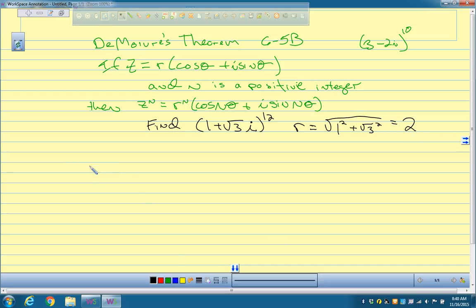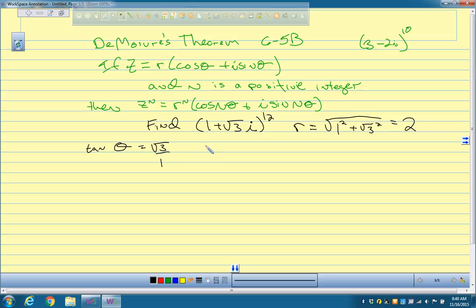So did everyone see why that comes out to be 2? Yeah, that's easy, okay? Then I want to find theta. So I know that the tangent of theta is equal to root 3 over 1, which is just root 3, and that would be an angle in the first quadrant, so I don't have to worry about moving it or anything like that.